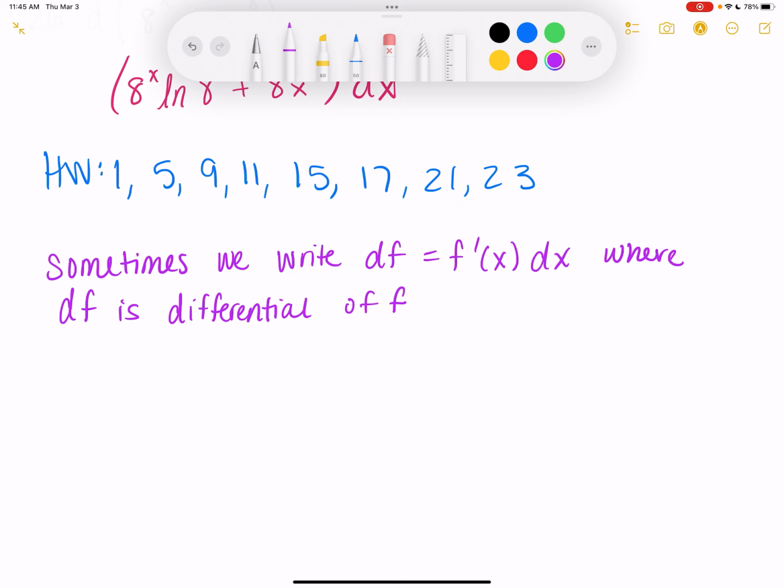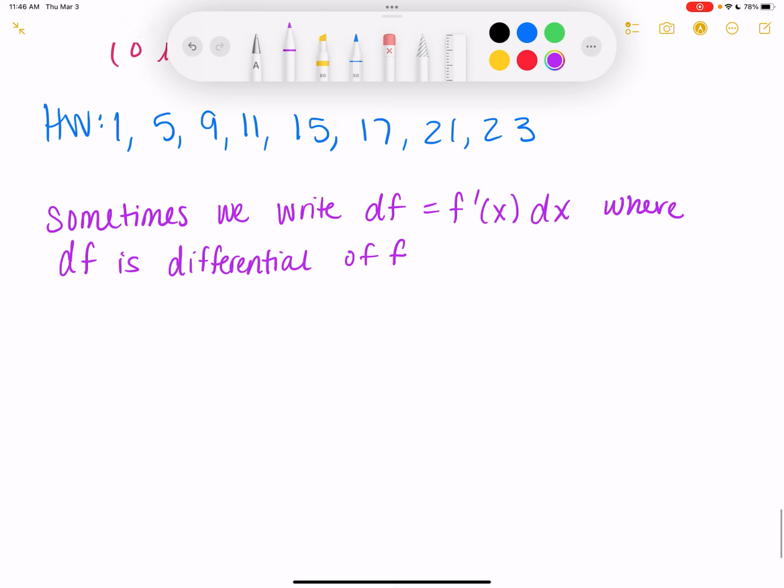Okay, anyway, so sometimes we write df is f prime of x dx, which is literally just representing a differential. So, just another way to write it. These problems say, write a differential formula that estimates the given change in volume or surface area, then use the formula to estimate the change when the independent variable changes from 10 centimeters to 10.05 centimeters.